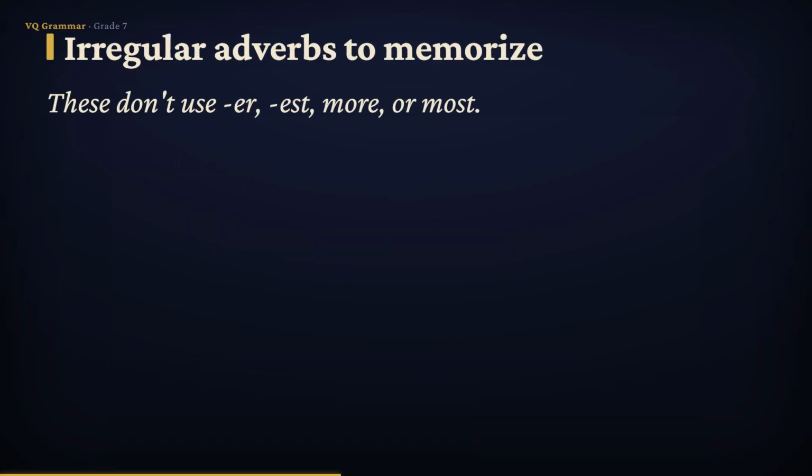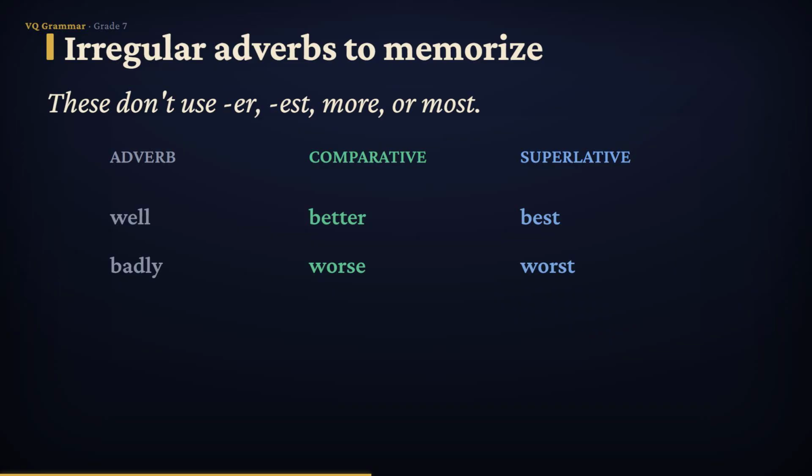Now for a small band of adverbs that break the rules completely. These are irregular. They don't take er, est, more or most in any predictable way. So you simply memorize them. Well doesn't become weller, it becomes better and then best. Badly becomes worse and then worst.